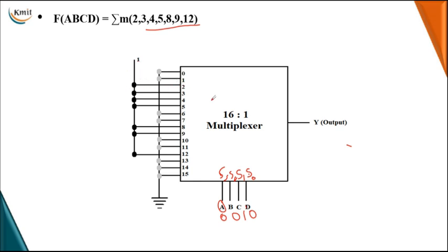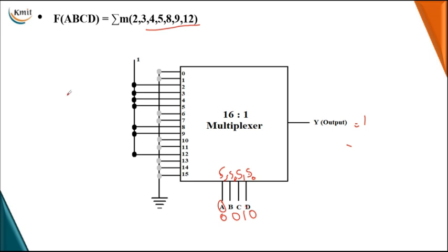Hence the data input transferred through the single output terminal is equal to logic 1. Like this, whatever minterms are given inside the parentheses, you need to consider those as the input terminals, and those input terminals are shorted together and connected to logic 1. The numbers or decimal codes which are not present inside the parentheses are connected to logic 0.